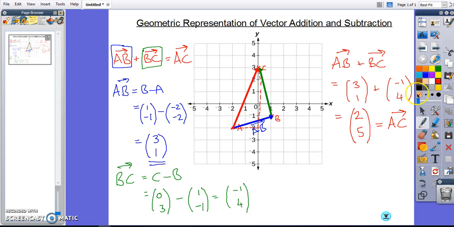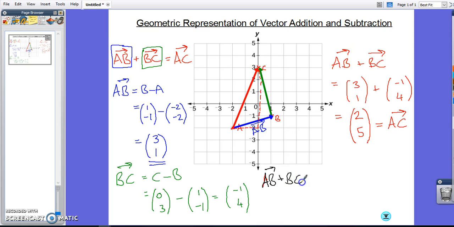And I can show you that this works all the time. If we have, let's have black rather than red so that we're doing something different, AB plus BC. Now we know that AB, the vector from A to B, can be written as the coordinates of B minus the coordinates of A. The vector BC can be written as the coordinates of C minus the coordinates of B. If we take our brackets away here, we get B minus A plus C minus B. So here we have B, take away B, which of course gives us 0.